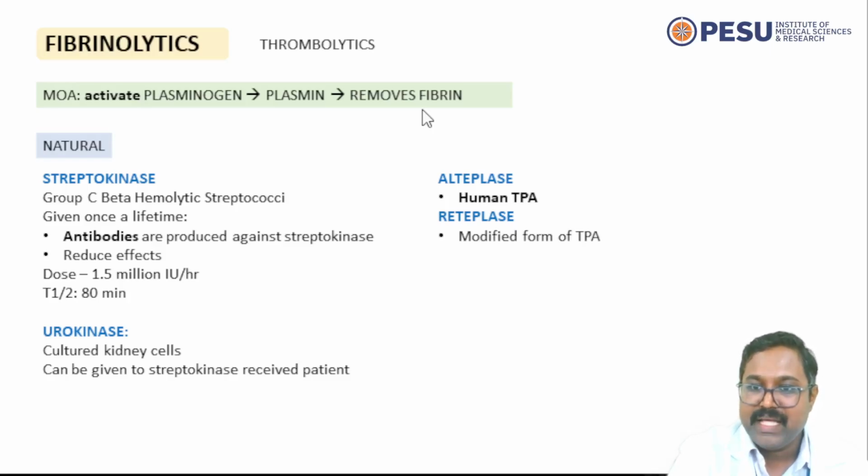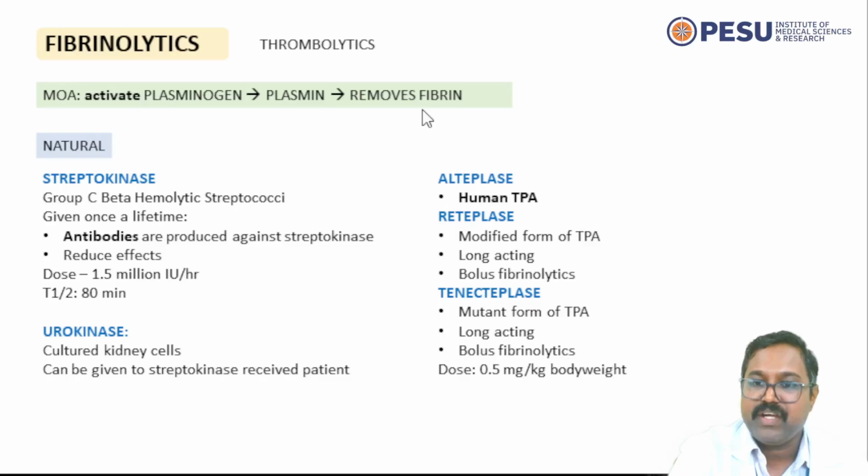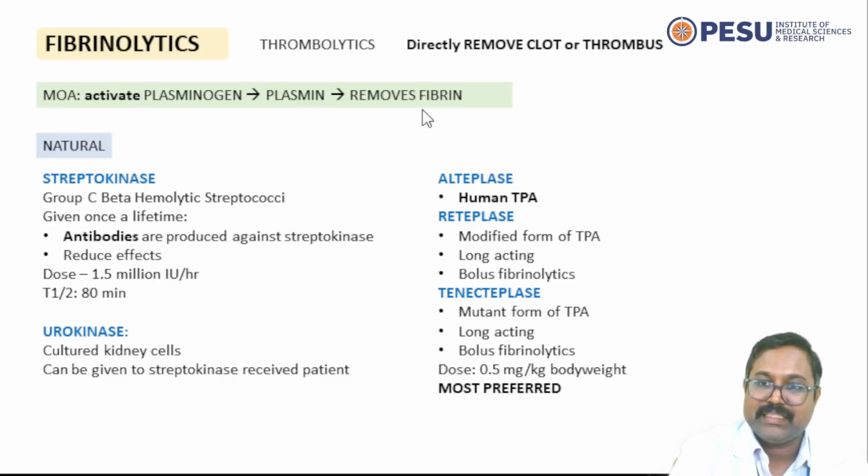We have reteplase, which is a modified form of tissue plasminogen activator, longer acting, and given as a bolus. Next we have tenecteplase, again a mutant form of the tPA, a long-acting bolus fibrinolytic as well. The dose is 0.5 milligram per kg body weight, and it is the most preferred fibrinolytic.